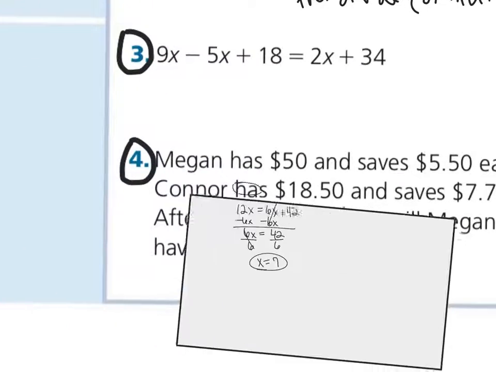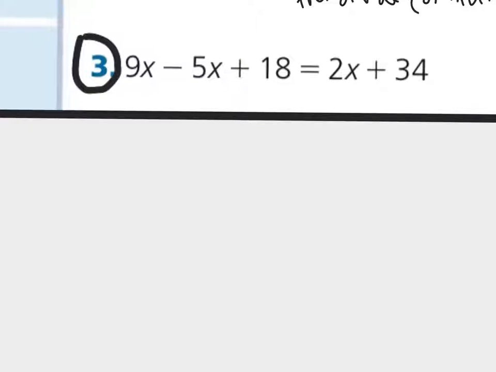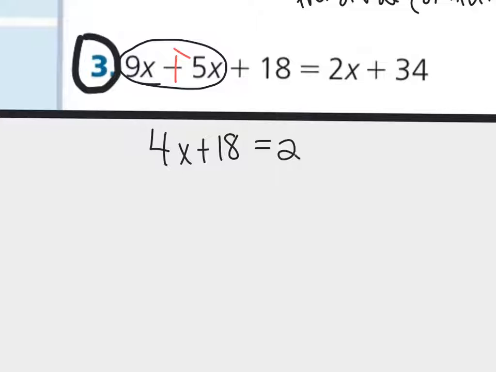If we look at number 3, we got a similar setup. On this one, you can add the opposite here if you want. And then we can combine these together. So 9x plus negative 5x would be 4x. Next, we want to get the variable on one side. So usually it might be easier for you to get rid of the smaller one.